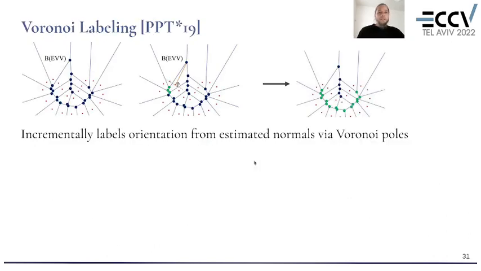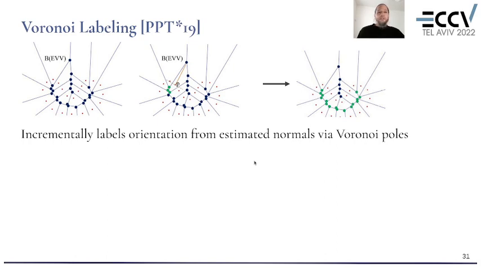Next is an algorithm which was proposed also by Voronoi labeling. So here you can see the red dots representing samples, and the blue dots are the Voronoi vertices of the dual Voronoi graph to the Delaunay graph. Voronoi poles are the Voronoi vertices which are farthest in the Voronoi cell from the sample.